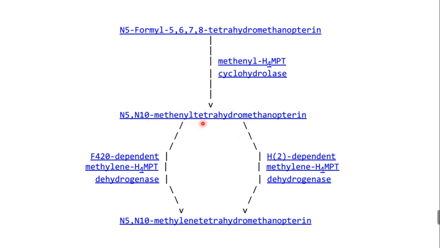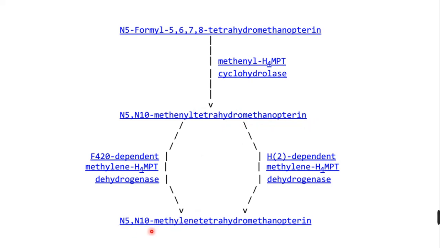So methenyl-tetrahydromethanopterin has to be spelled like that. You can separate it into different words: methenyl, tetra means 4, hydro means including hydrogen, and methanopterin, a characteristic of methanogens.